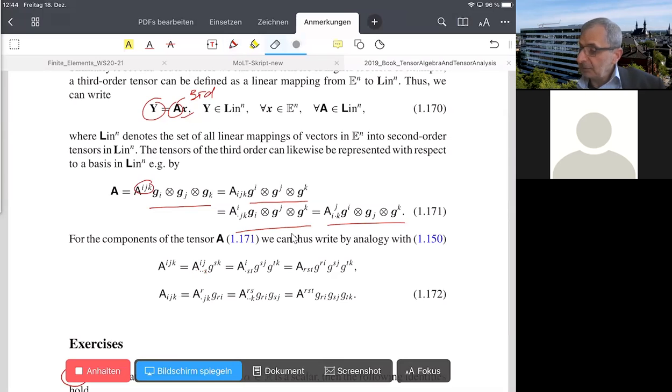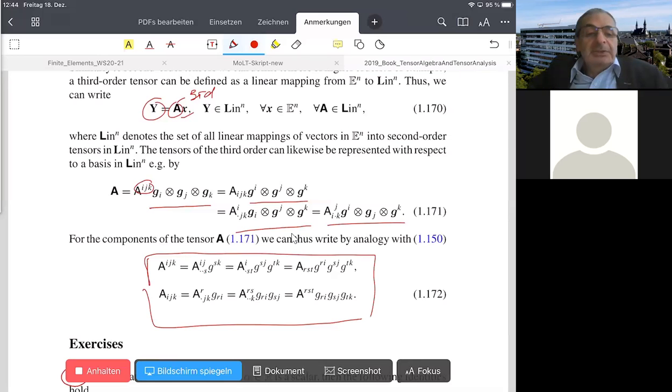This is the classical definition in tensor algebra. In the classical tensor algebra, such a basis is not used, and tensors are, as I already mentioned, I suppose, defined as these values with indices, right?